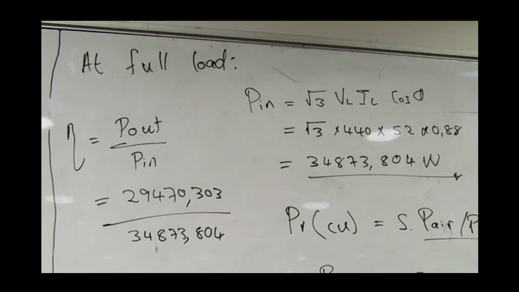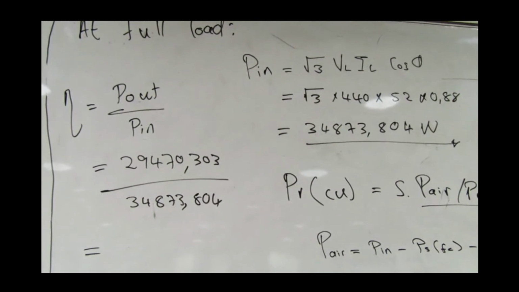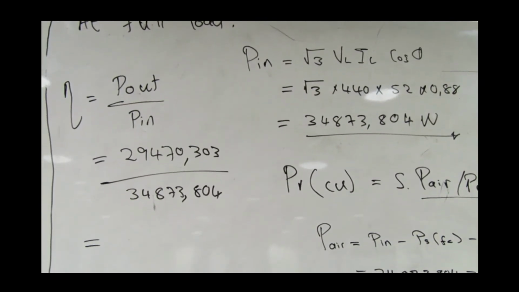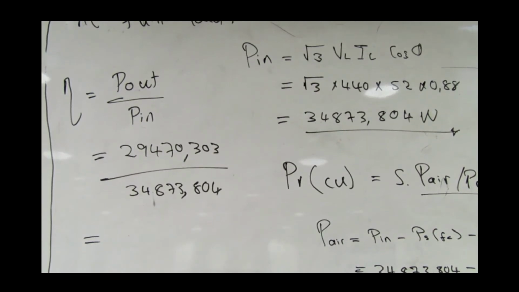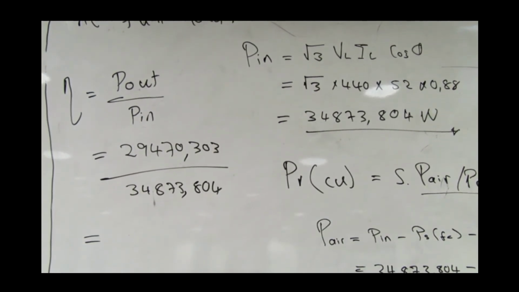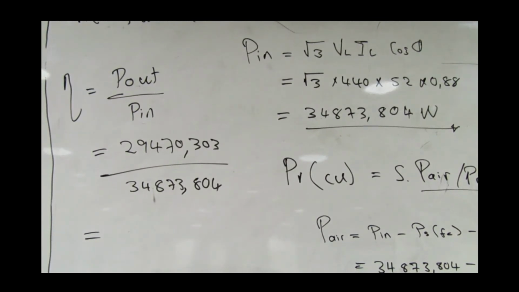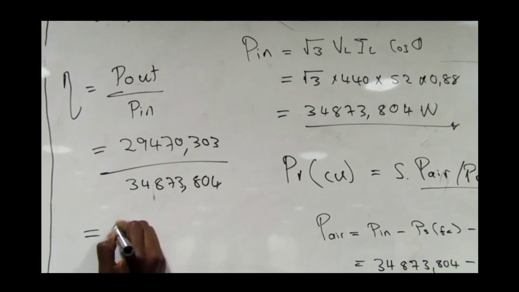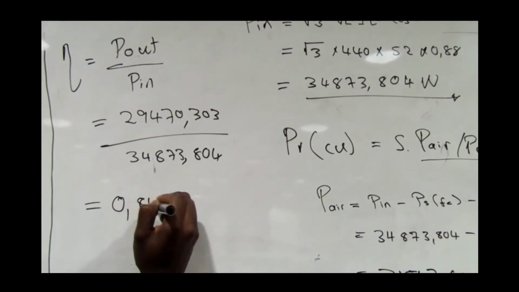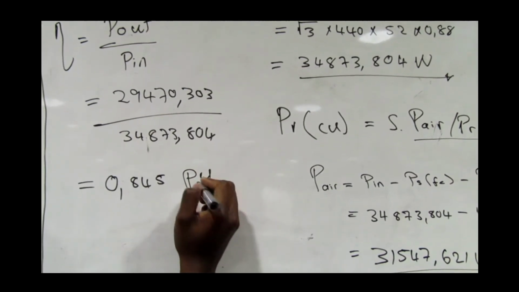What is the answer here? 29,470.303 divided by that gives our answer, 0.845, which is per unit.